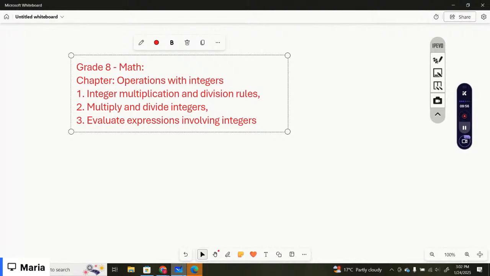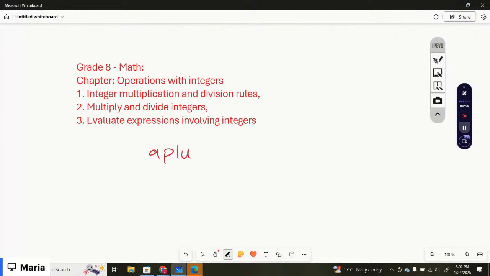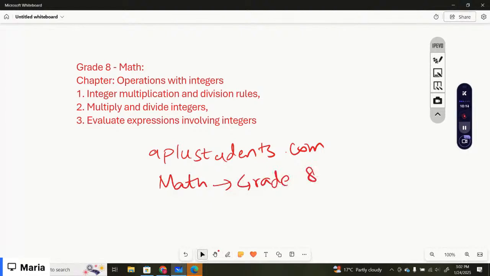You have to log in there using your email address and the password provided by the administrator. Then you have to select math from the subject tab, scroll down to grade 8 math, then click on view all lessons. There you can find a list of the chapters.